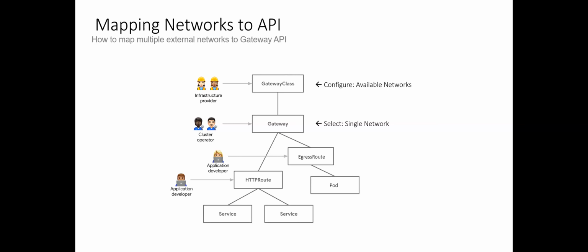Then the gateways themselves would be gateways to a single external network, and application developers would request routes against those gateways. This is how you would control the traffic in and out, north-south.